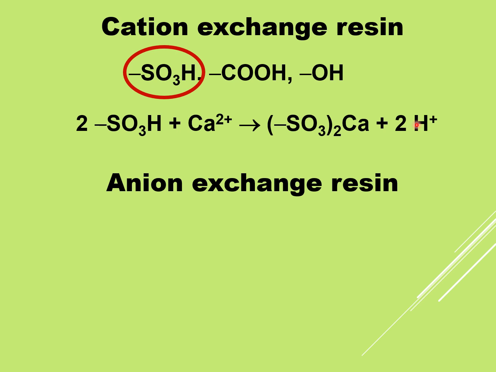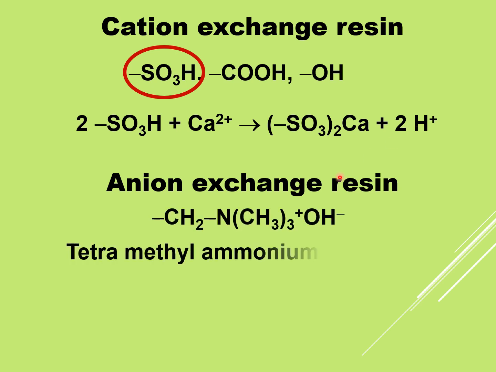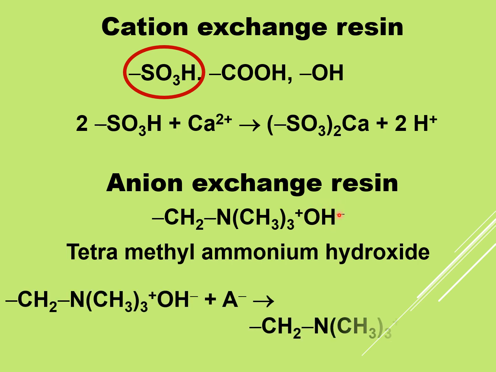Similarly, the anion exchange resin, the functional group is this one. This is tetramethyl ammonium hydroxide. So this has this OH minus group, and that OH minus group will accept an anion and it will go into the solution.